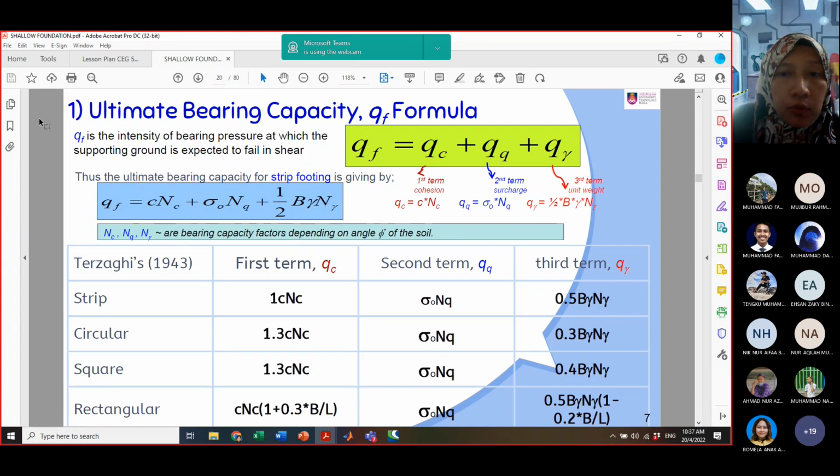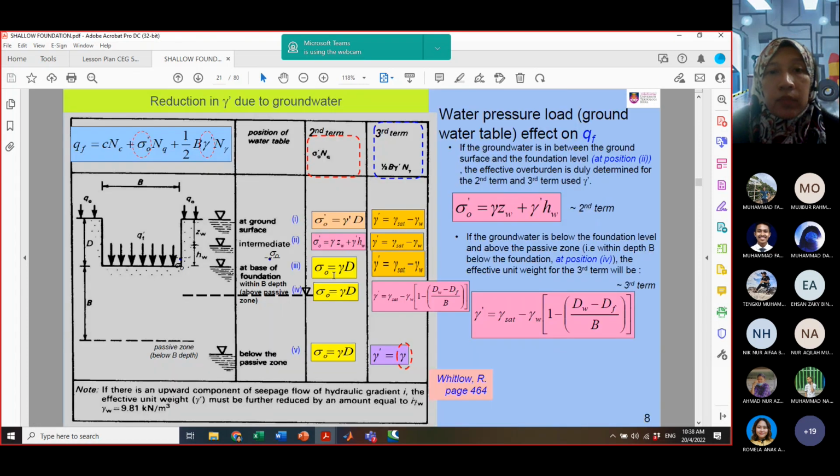So please be careful when you want to calculate the ultimate bearing capacity of the footing. So read the question carefully, what footing that you need to find qf for. So, kalau kata strip, so kita boleh guna straightforward lah formula ni c Nc. Tapi kalau dia circular, 1.3 c Nc plus overburden Nq plus 0.3 B gamma N gamma.